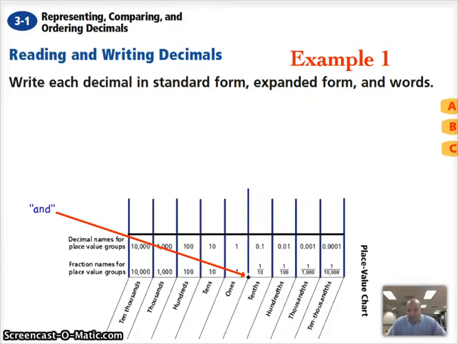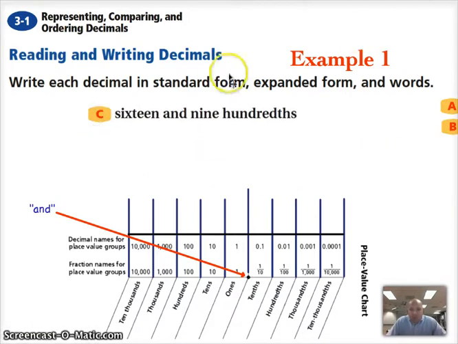Okay. Now, the final example of this particular type of problem is, now we've got the words, now we need it in standard form and expanded form. Okay. Now, we have 16 and 9 hundredths. Now that "and" means that's a decimal point right there. Remember that? So we're going to put down the decimal point.